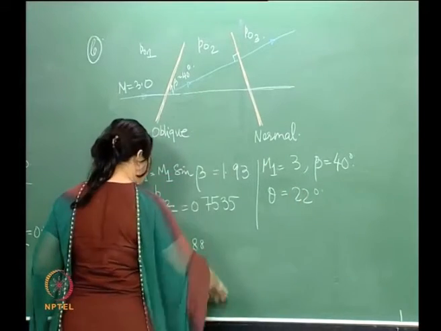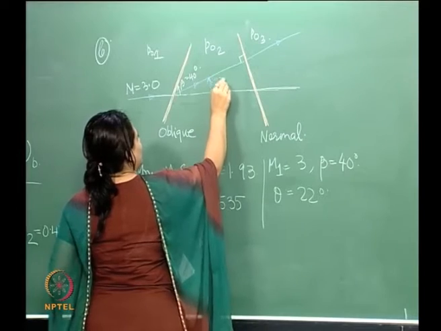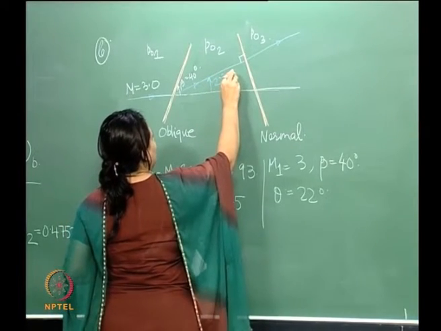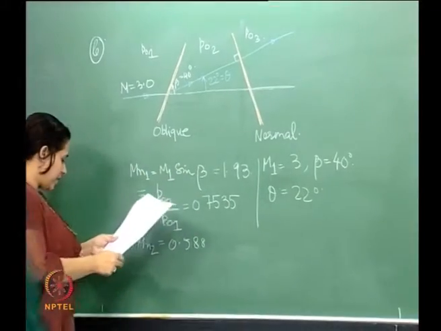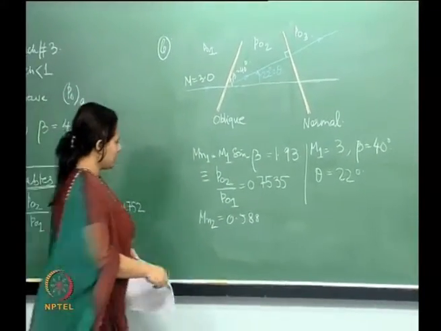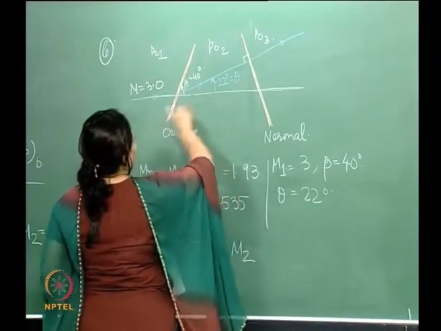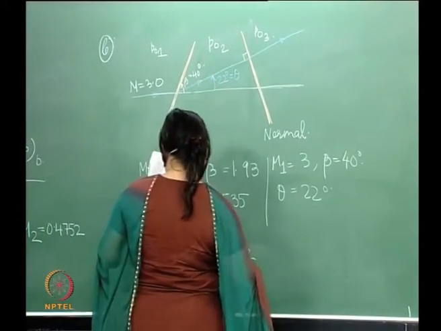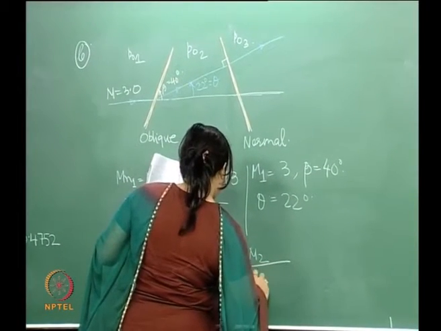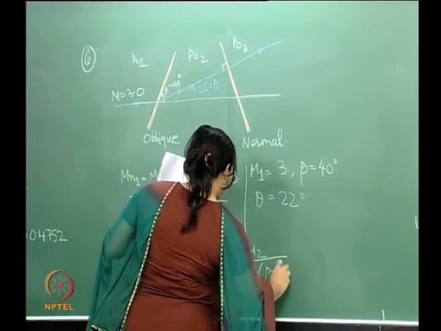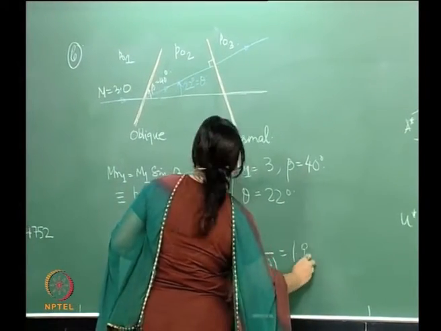So this angle here is the deflection angle. Having done that, we should be able to calculate the Mach number behind this oblique shock, which, as we have done, comes out to be 1.9.